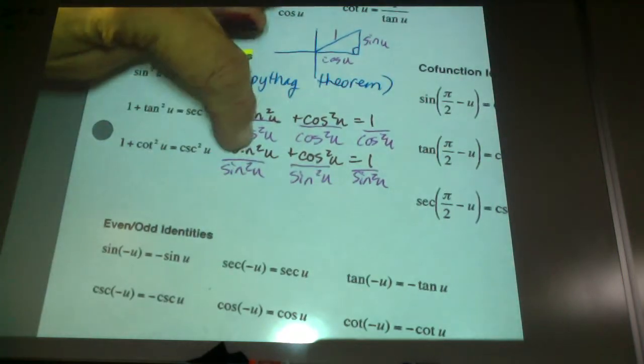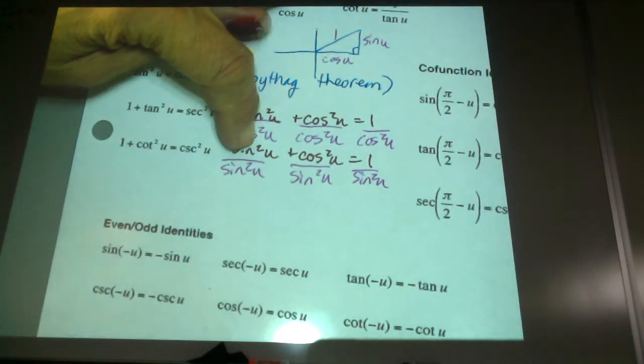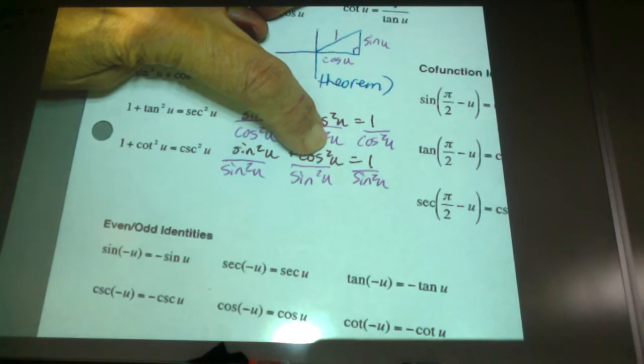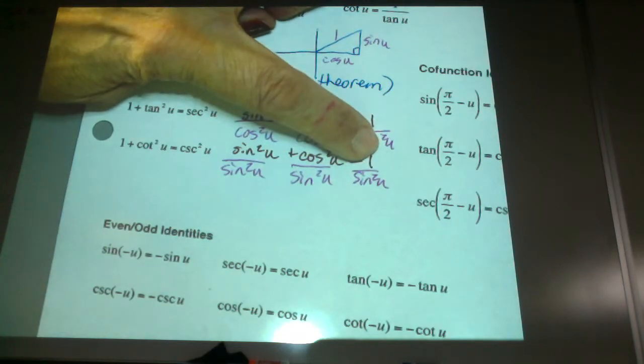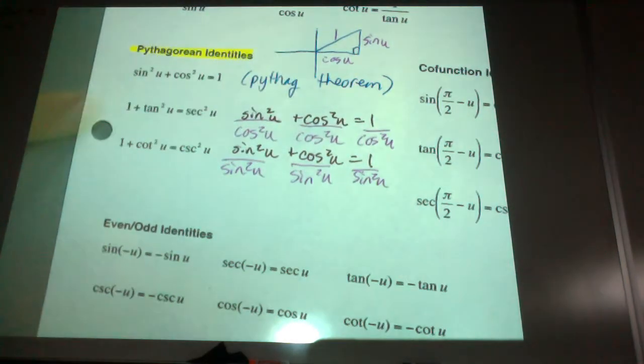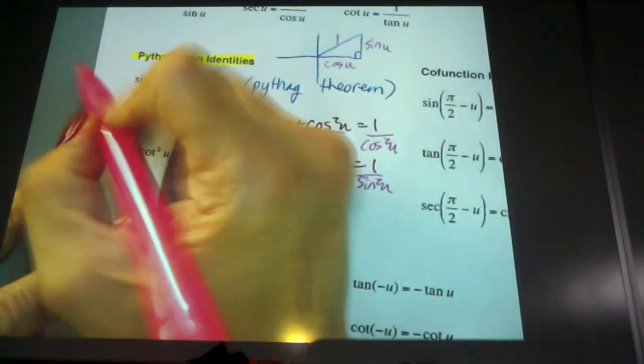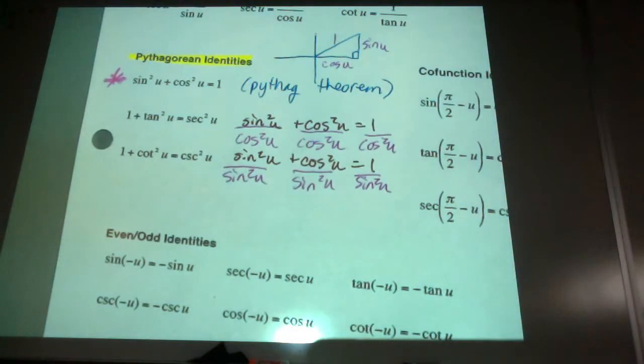And so this is where the 1 comes from. This is where the cotangent comes from. And this is where the cosecant comes from. So if you know this one, you just have to derive the other two. Easy. So far I'm only having you memorize one additional thing. So far, right? You can do that.